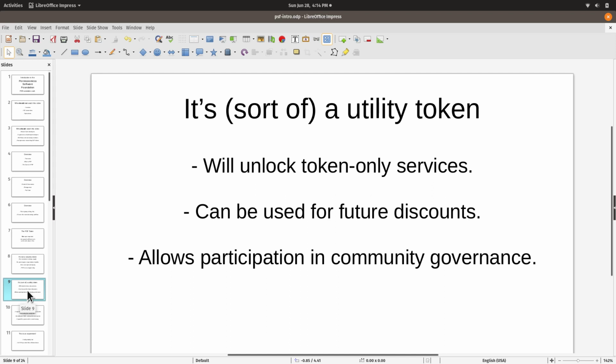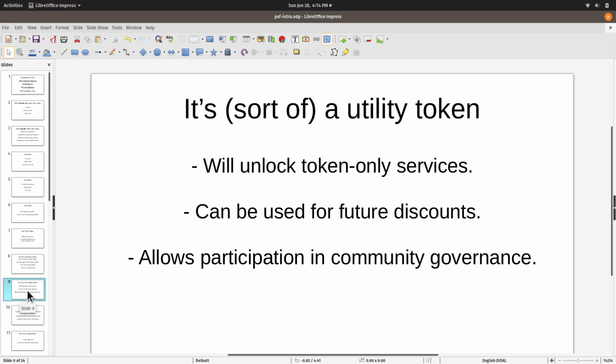So the PSF token is sort of a utility token. What is popularly conceptualized as a utility token, it will unlock token-only services. There will be a curated list or search engine, if you will, of websites that use Tor and IPFS, and you'll only be able to be listed on there by holding the token.